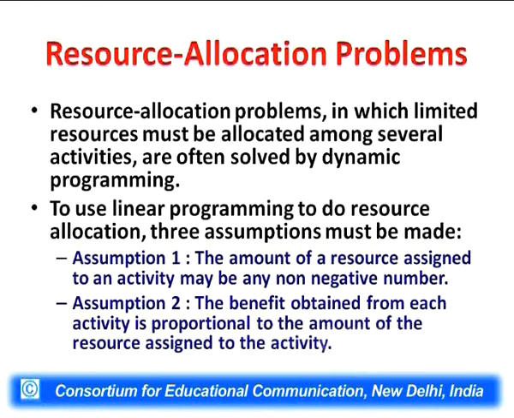Resource allocation problems in which limited resources must be allocated among several activities are often solved by dynamic programming. These resources can be in the form of expert labor and critical equipment, which has limited quantity available and the use is enormous. Enormous in the sense a particular special equipment is to be used at different project sites.